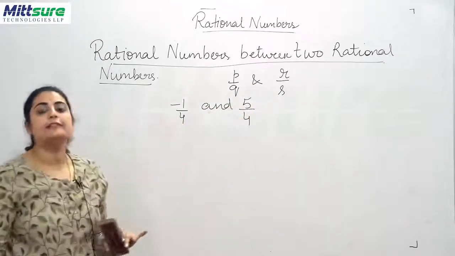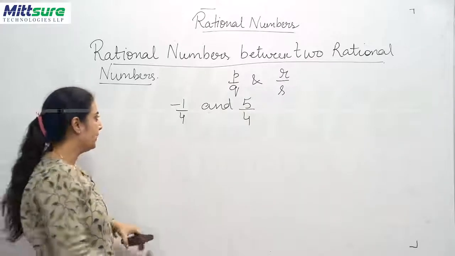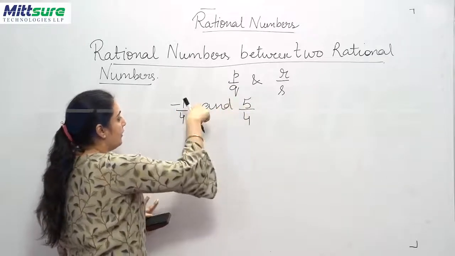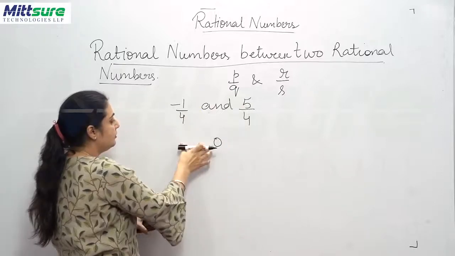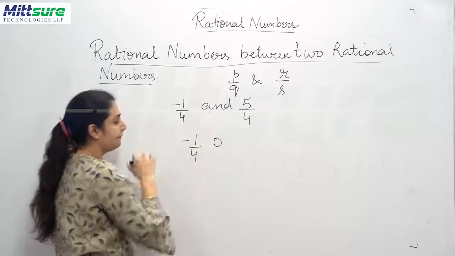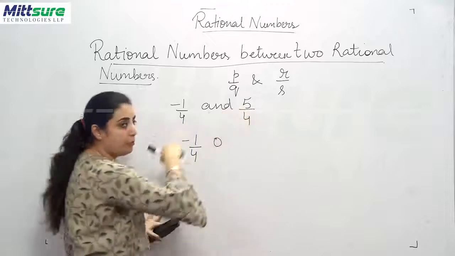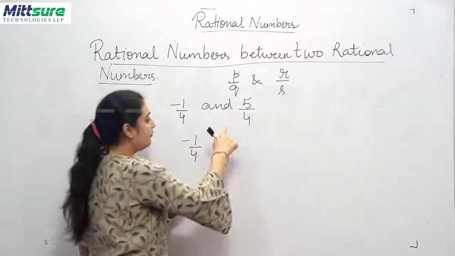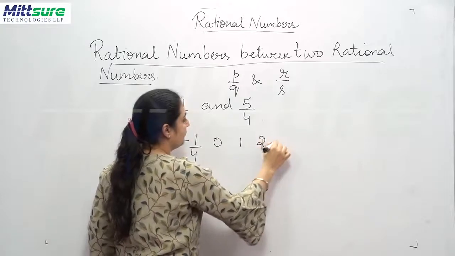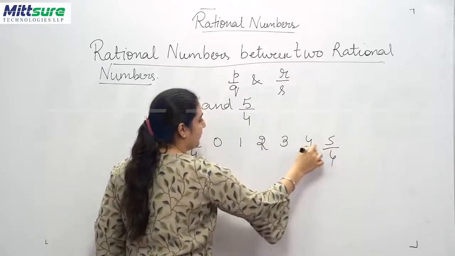First of all, we will find out how many rational numbers are there in between these two. This is -1 and this is 5. So -1 is just before 0, so here is -1 upon 4. Now I have 5 upon 4. 5 upon 4 is after 1: 1, 2, 3, 4 and 5 upon 4.